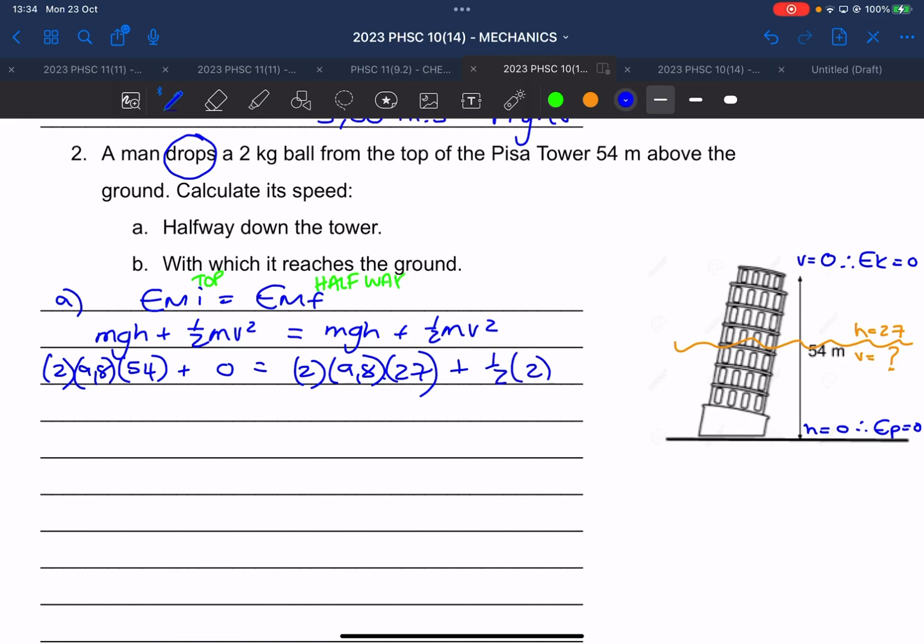Half times 2 times v squared. So please ask, like what you just did. If I fill in something and you don't know where I got it, ask. Where did you get the 9.8?